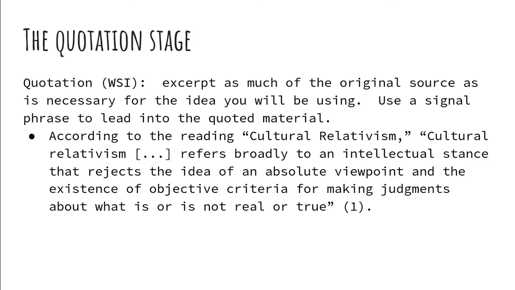Now, it's three periods because that was only wording. It would be four periods if there were one or more full sentences being left out. To go back to the excerpt then, cultural relativism refers broadly to an intellectual stance that rejects the idea of an absolute viewpoint and the existence of objective criteria for making judgments about what is or what is not real or true.